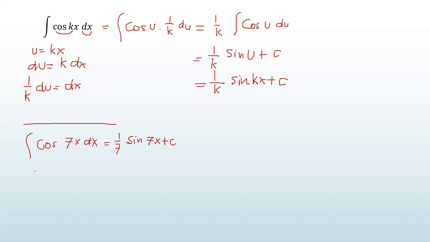Or, for example, the integral of cosine 4x dx, the solution is 1 over 4 sine 4x plus c. Okay, very simple.